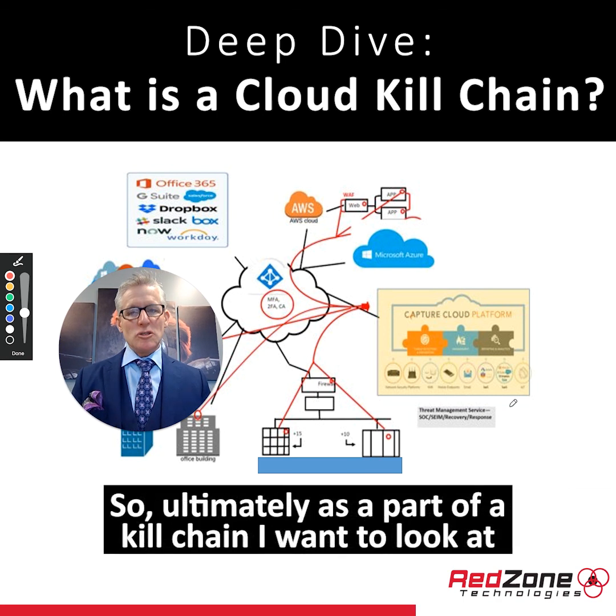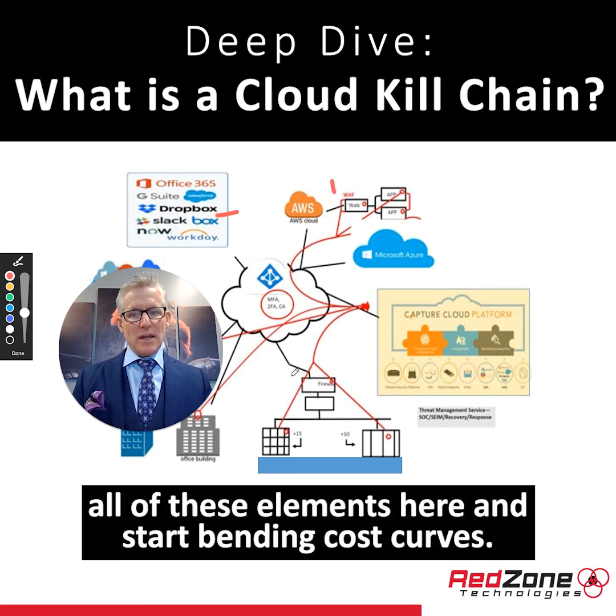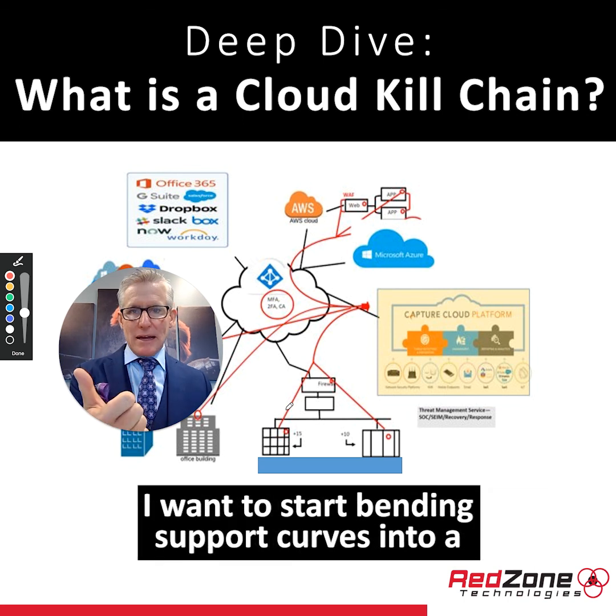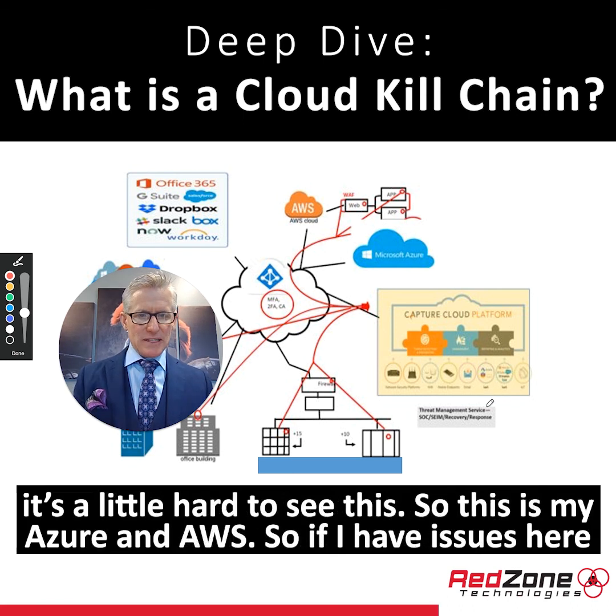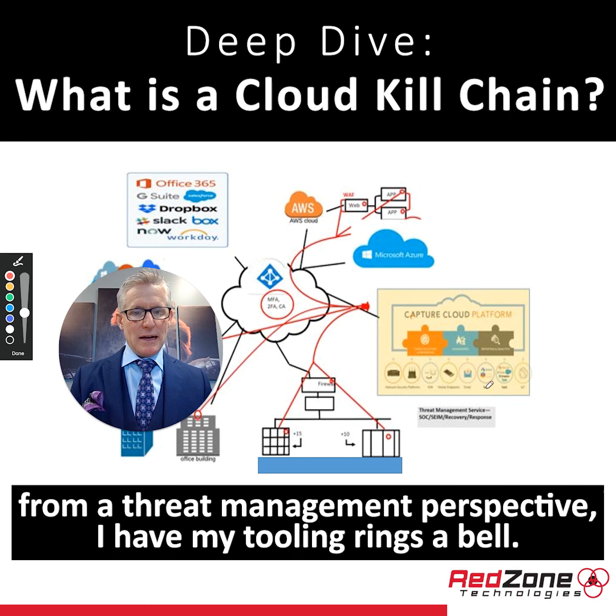So ultimately, as a part of a kill chain, I want to look at all of these elements here and start bending cost curves. I want to start bending support curves into a limited set of security tooling. It's a little hard to see this, but this is my Azure and AWS. So if I have issues here from a threat management perspective, my tooling rings a bell.